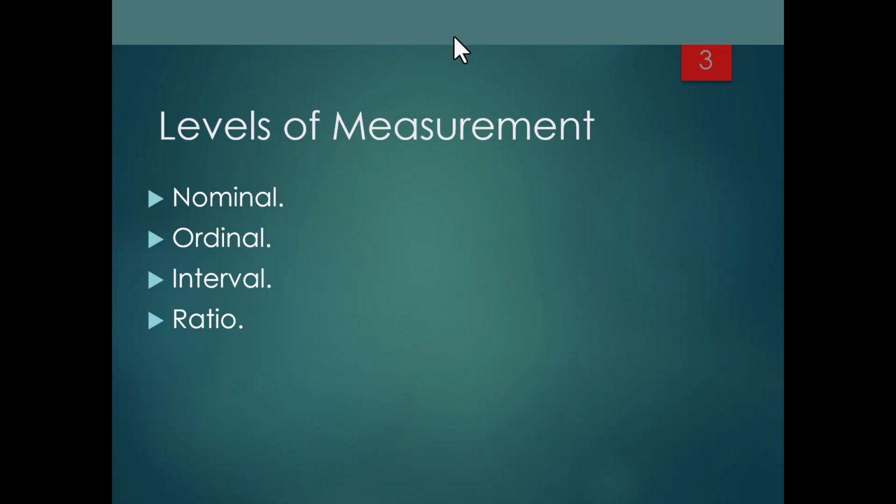Even a newborn is not born at 0 pounds. So 0 has a true value when measured at the ratio level, and that's the only difference. It does not have a true value at the interval level. Okay, hopefully that makes sense.